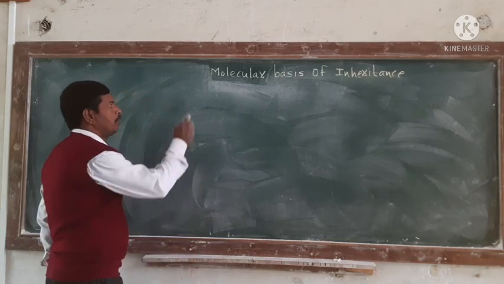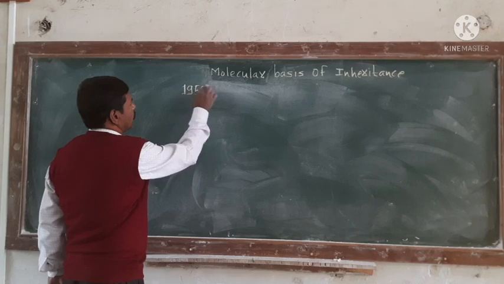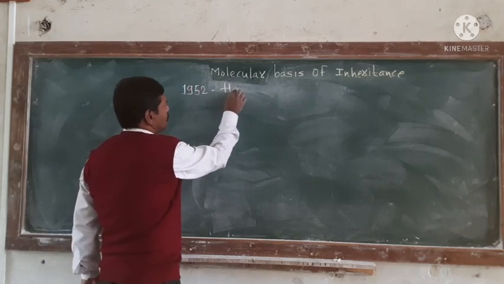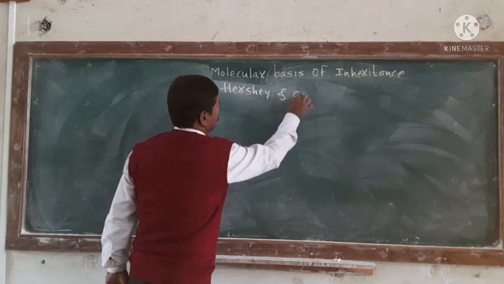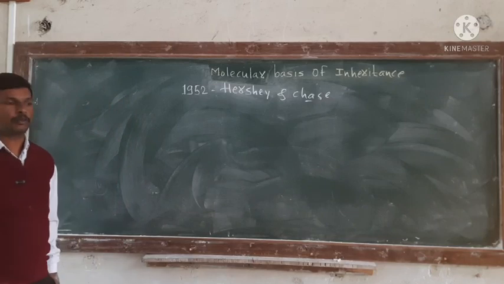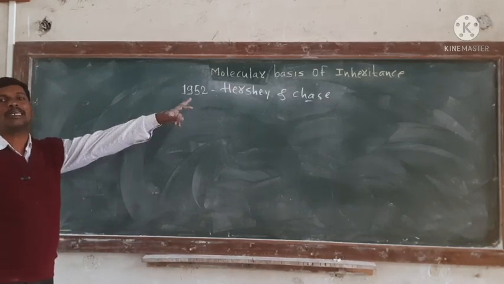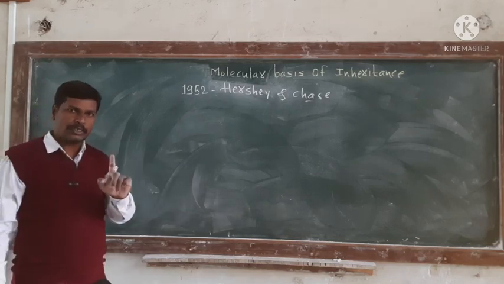The last experiment was performed in 1952 by the scientists Hershey and Chase. These two scientists came together and performed one specific experiment which gives a clear idea that DNA acts as a genetic material.